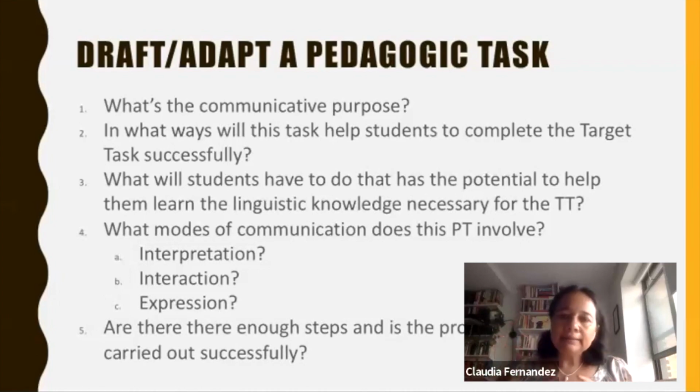I implement it in a very careful way, guiding the students, taking my time and really exploiting each of the steps of the pedagogic task. So the procedure has to be clear, and the goal has to be clear for you and for the students.